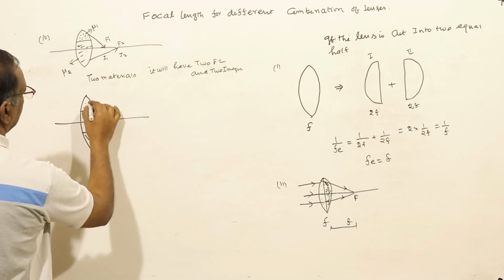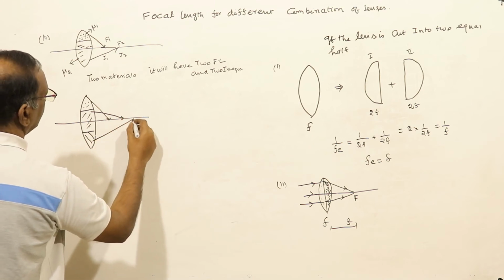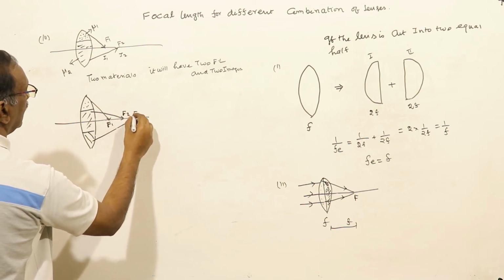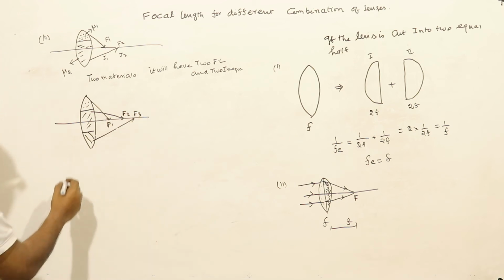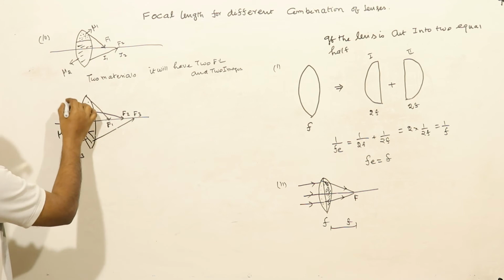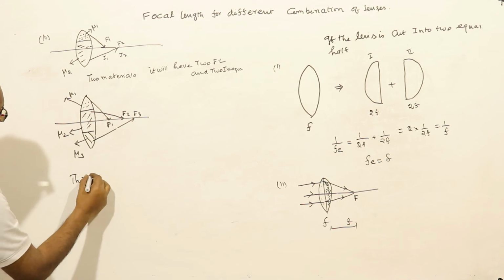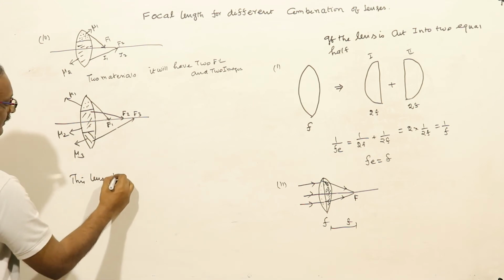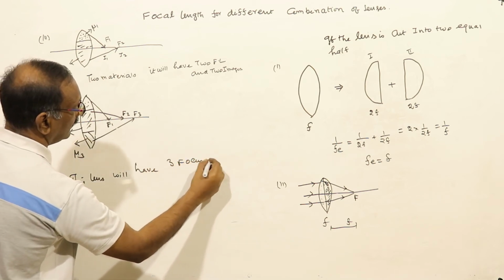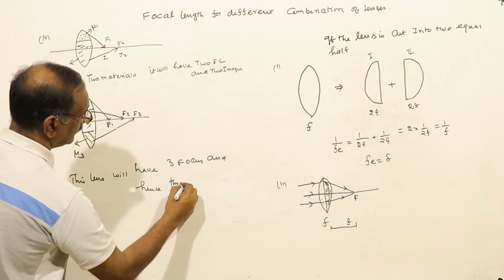In that case, it will have focal length f1, f2, f3 depending upon the refractive index, because its refractive index is mu3, mu2, mu1. In that case, this single lens will have 3 foci and hence 3 images.